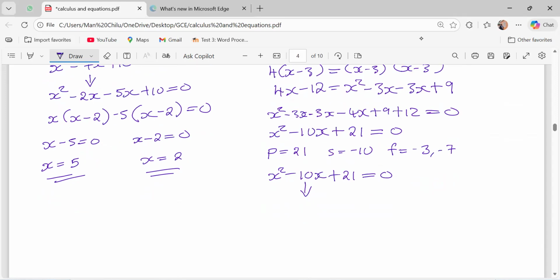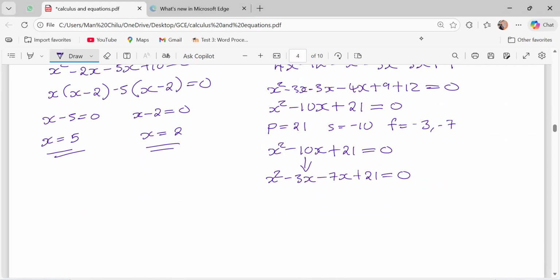So what you have here is x squared minus 3x minus 7x plus 21, we get a 0. So we have two x's, one x outside, one inside the bracket.